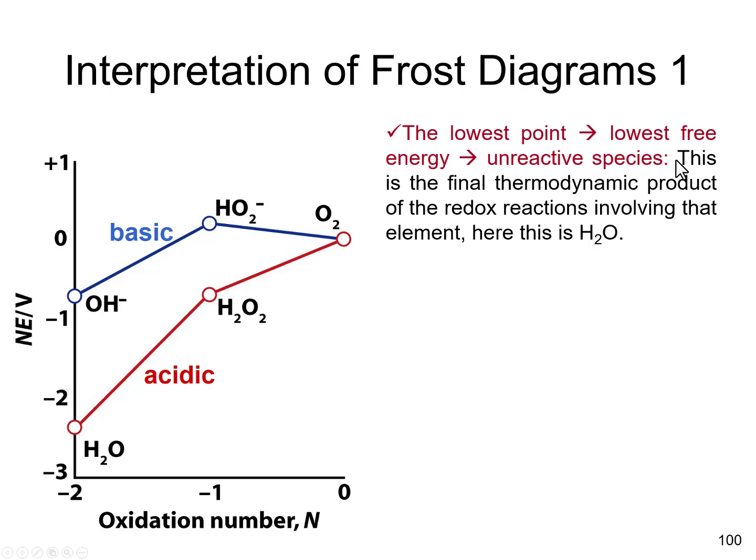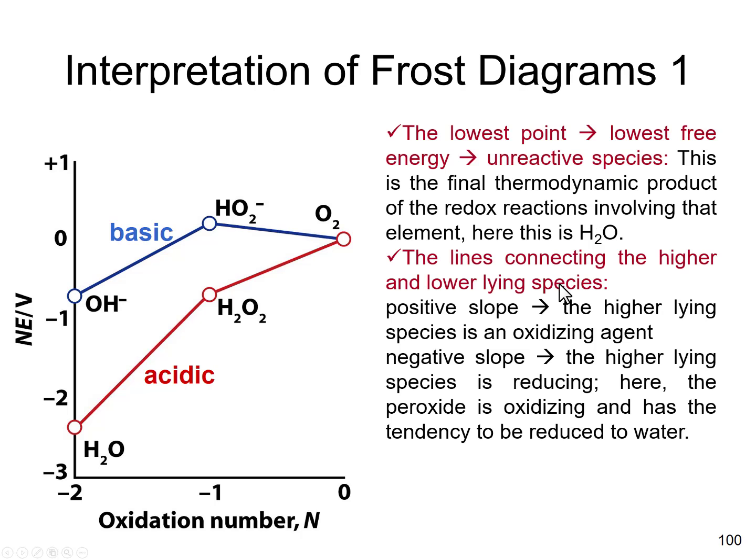In a particular reaction, this is the final thermodynamic product of the redox reactions involving that element. In this particular case, it is water. So water will be most stable, and luckily it is so because we have a lot of water around, and it is good that it doesn't react further.